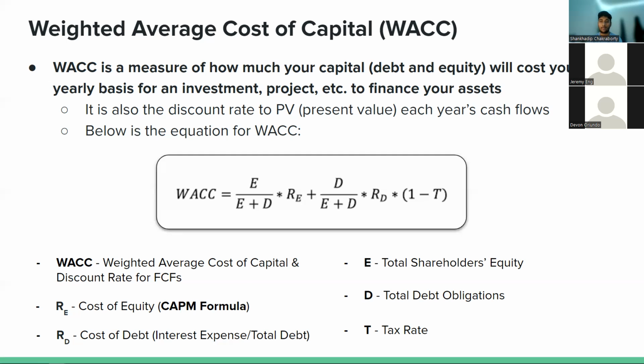So it directly measures how much a company is giving back to their debt and equity holders. Thus, they have to reduce that from their future cash flow projections. That's where you get DCFs from, or discounted cash flows. When you present value those cash flows, or bring back future cash flow values to what they would be worth today, you do it using the WACC.